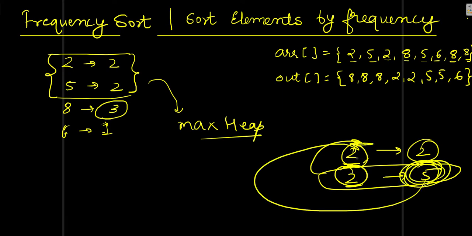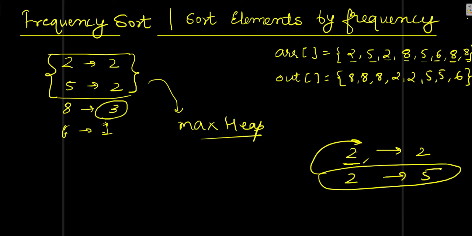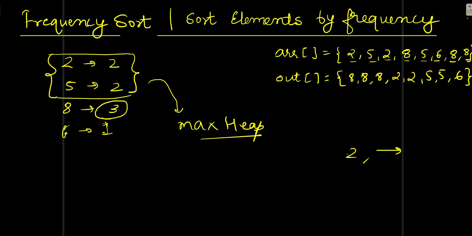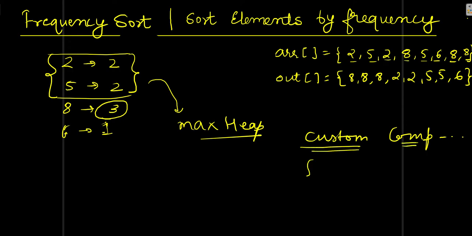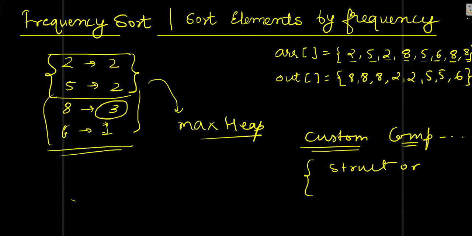So what should I do in that case? Fine, no need to worry, because I've already taught you in my previous video how to create a custom comparator, so you can write your structure or lambda function to adjust to your use case. So you also need not worry about it, just calculate the frequencies, and after that define a priority queue which does that part for you, and then we are good to go.